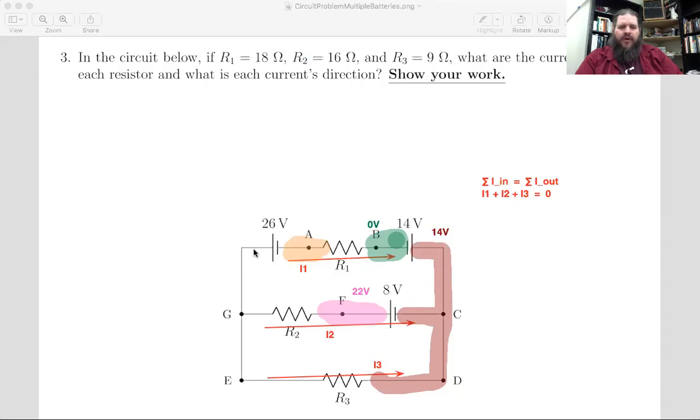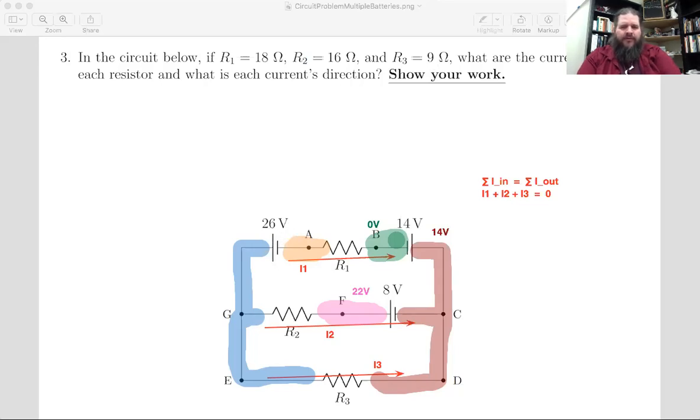And we also don't know the voltage over here at locations G and E, because we don't know the voltage difference for resistor 2 or resistor 3 yet. We at least know A and G have to be different by how much? By 4. Not just by 4. If you go from A to G, what battery have you passed through? Oh, 26. Yeah, they've got to be different by 26.